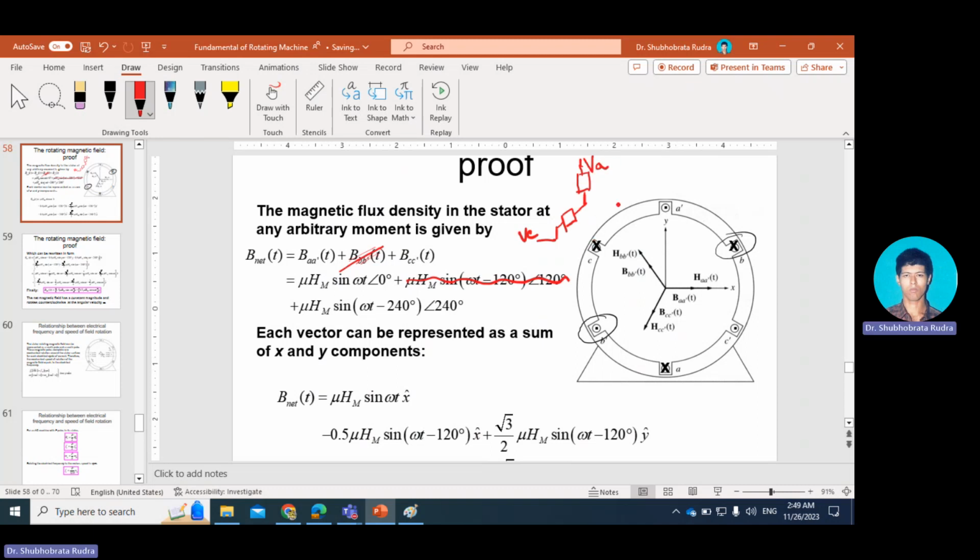Although we have VA and VC, and this part is broken, so we don't have any VB here. Therefore, the current that is flowing through the A phase is now flowing through our C phase, right?